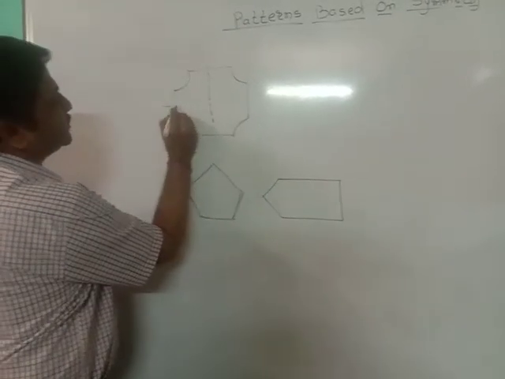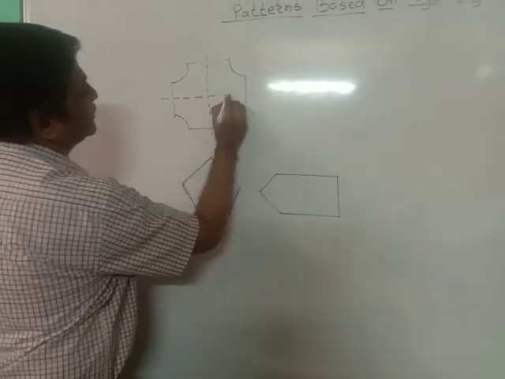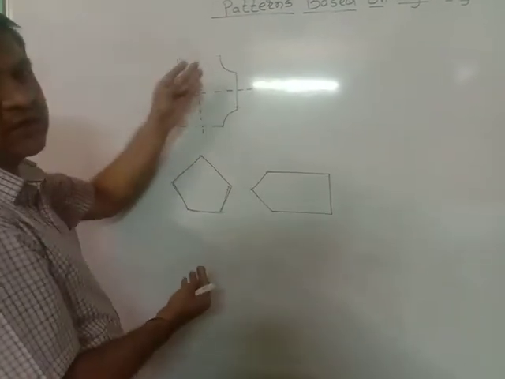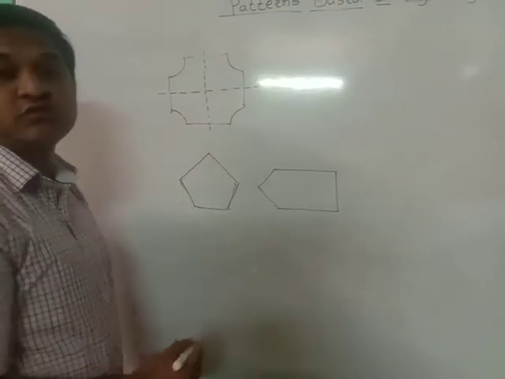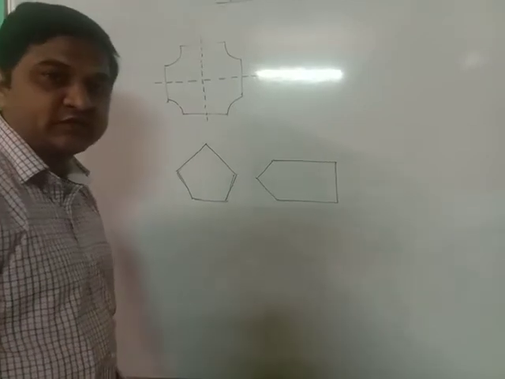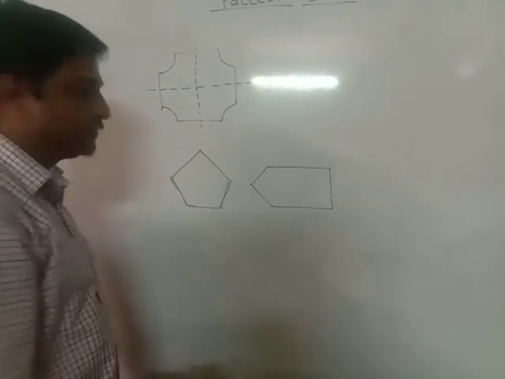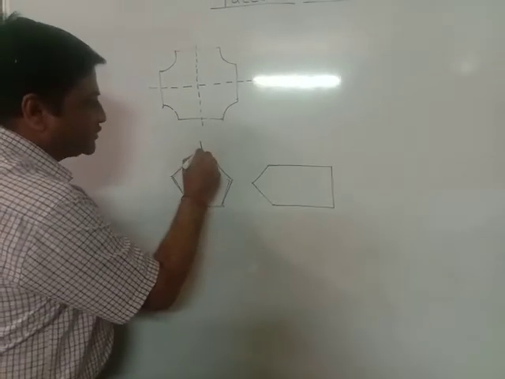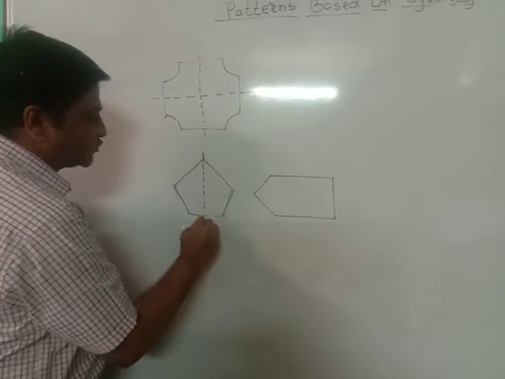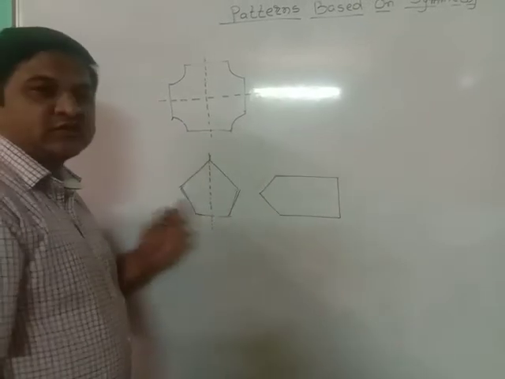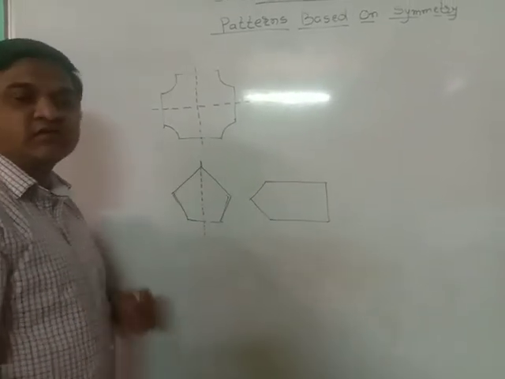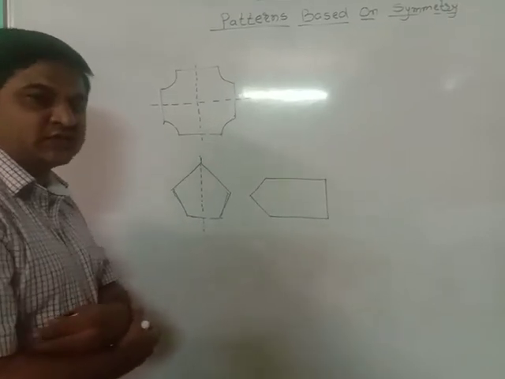We can also draw a slanting line, and the object can be divided into 2 equal parts by this line also. So let us know what is meant by vertical line of symmetry and horizontal line of symmetry. If I can divide the object into 2 equal parts by drawing a vertical line through it, then the object is said to be symmetric about the vertical axis, and the line which is drawn is known as a vertical line of symmetry.